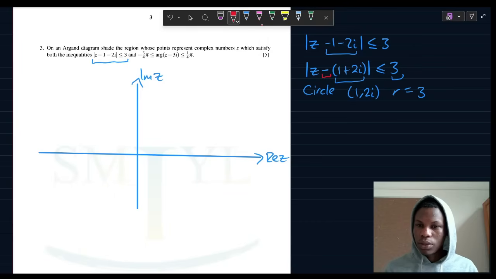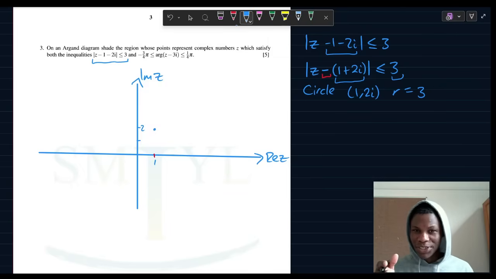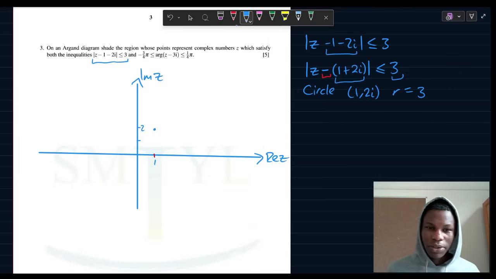So what we're going to do is draw the circle. We've got 1 unit in the real axis, and we've got 2 units in the imaginary axis. And make sure to use your compass to draw the circle.